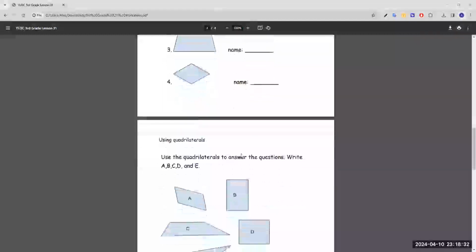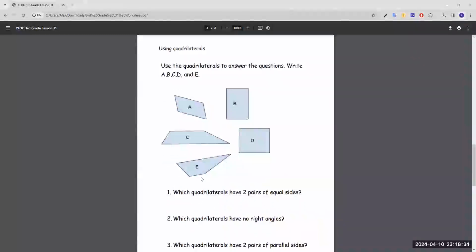Now moving on to using quadrilaterals. Use the quadrilaterals to answer the questions. Write A, B, C, D, and E. Number one, which quadrilaterals have two pairs of equal sides? So two pairs of equal sides. It can't be C or E because they only have one pair of equal sides going that way.